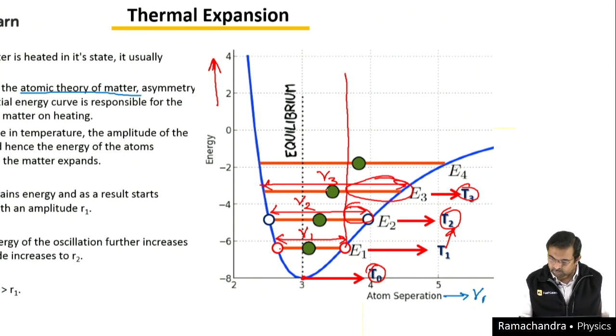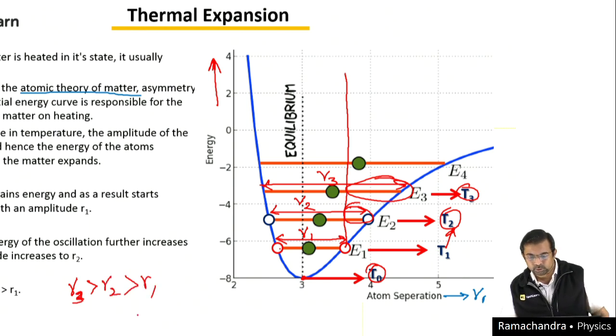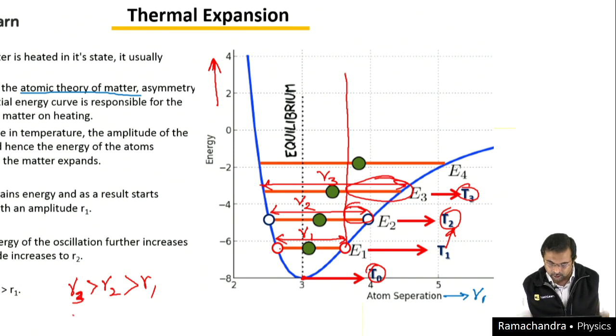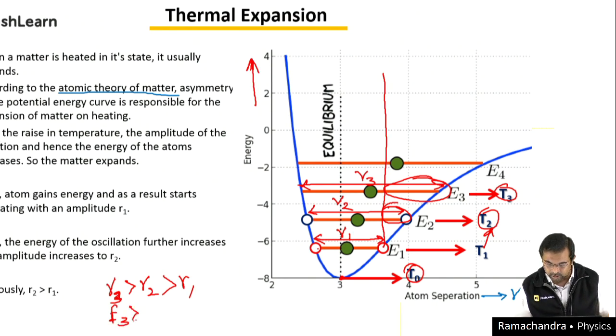So obviously from T0 to T1, T2, T3, we can infer that R3 is greater than R2, which is greater than R1. So the energy also, E3 is greater than E2, which is greater than E1.